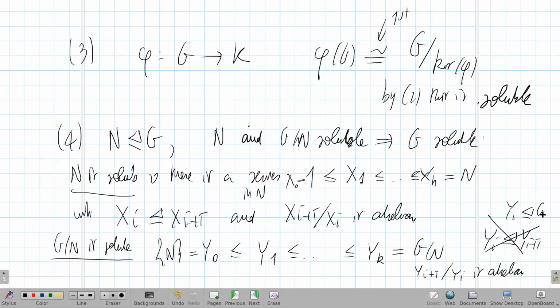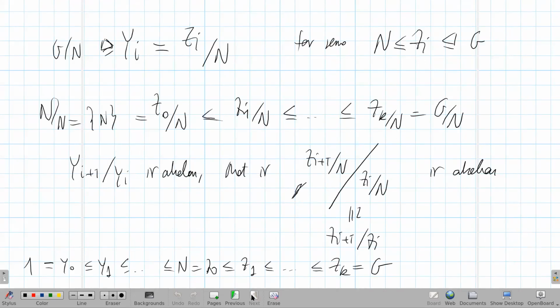This is what I've done. Normal in G over N, is the second equivalent property. So this is a normal series, with the quotients abelian. Because this is what I've done in the next page. I could have done it just with each normal in the other.